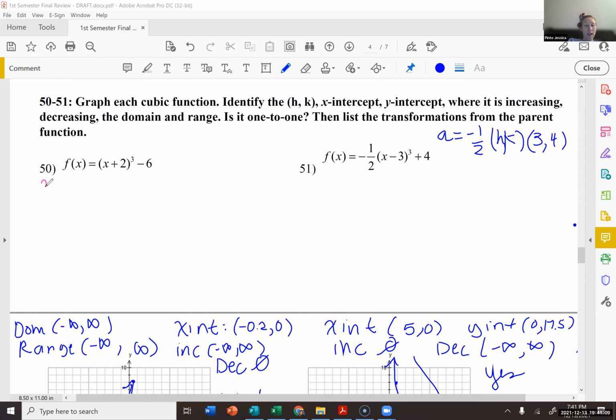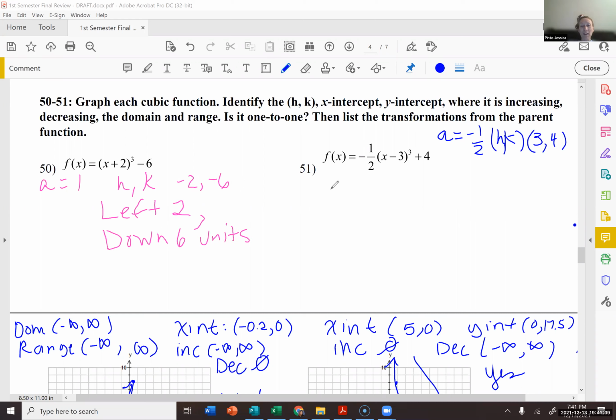So I use the A, which was 1, and then the H and the K. So that was -2, -6. -2 on the x-axis means I move to the left 2. So this is left 2. That's all you have to say. Just how did it move from the origin? And the -6, that's down. So down 6 units.